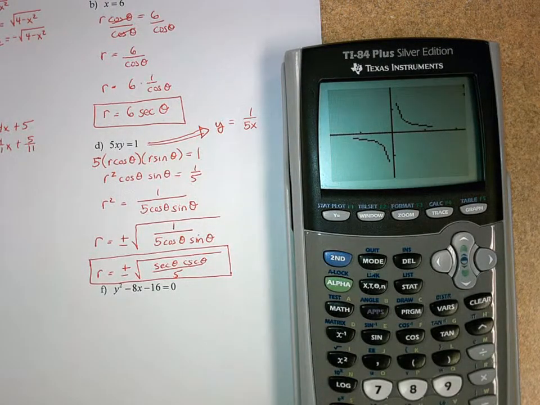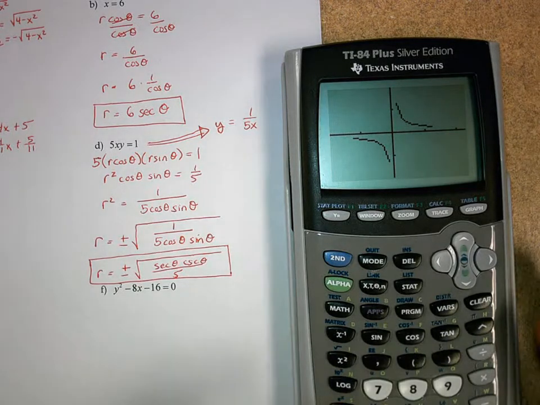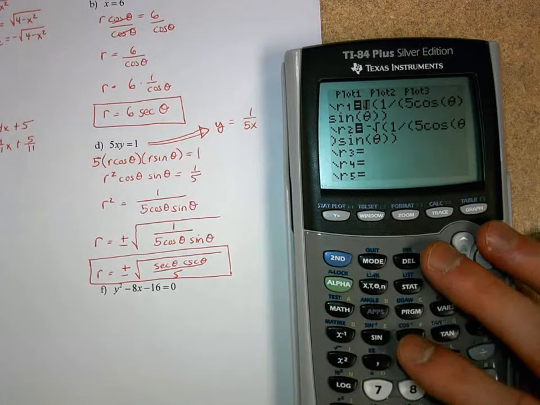And sure enough, when I graph it, I can see I got the curves in the first and the third quadrant. Now, do I need both of these once again?